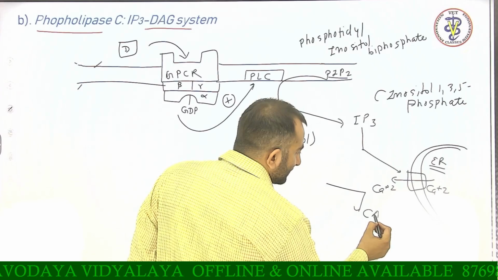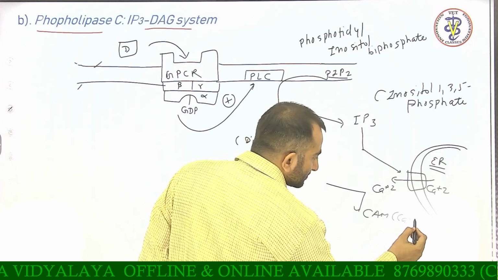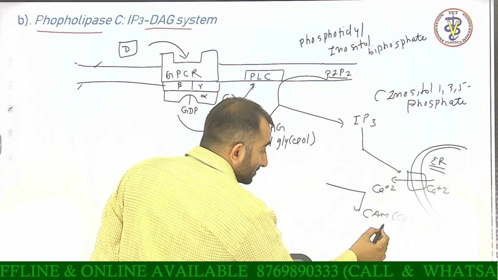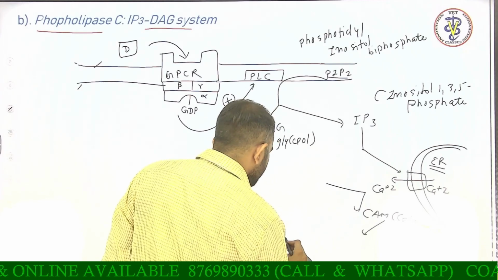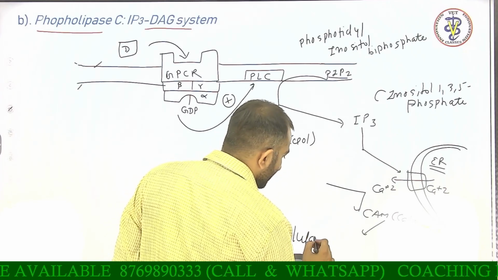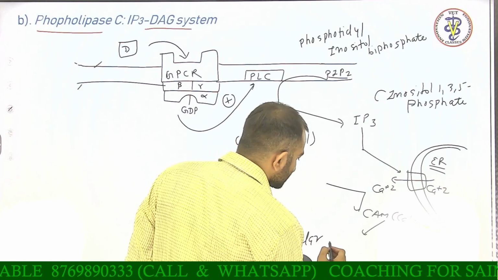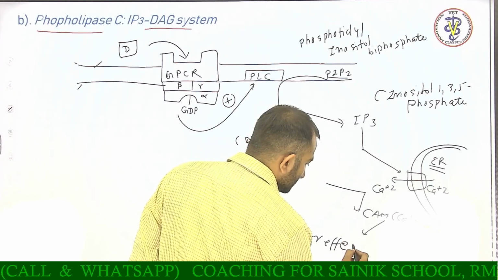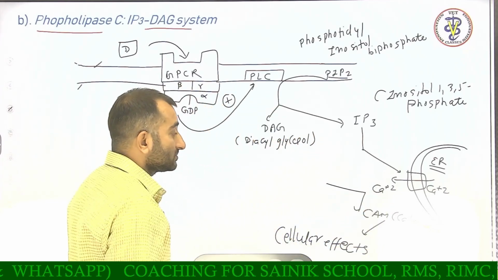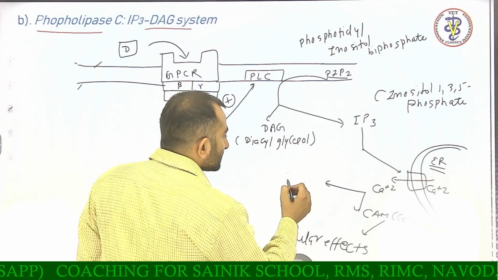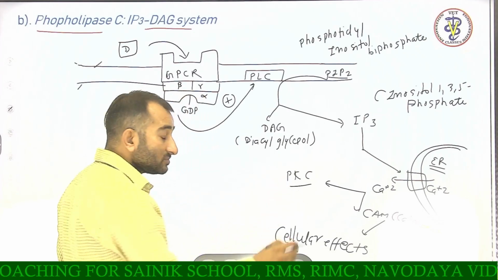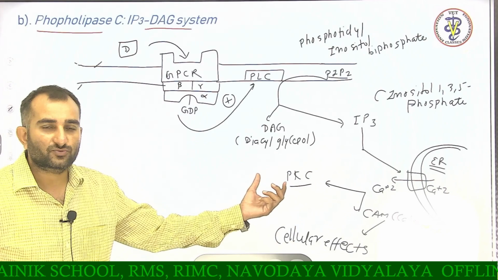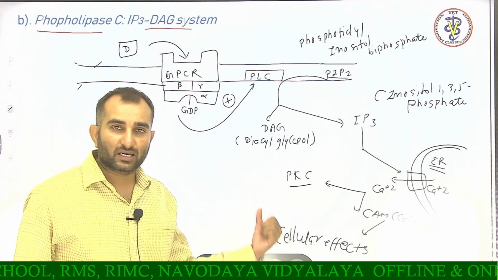One is via calmodulin channels, which are channels of calcium, and calmodulin provides different types of cellular effects, such as contraction in smooth muscles, etc. And also calcium activates protein kinase C, changing it from the inactive to the active state.